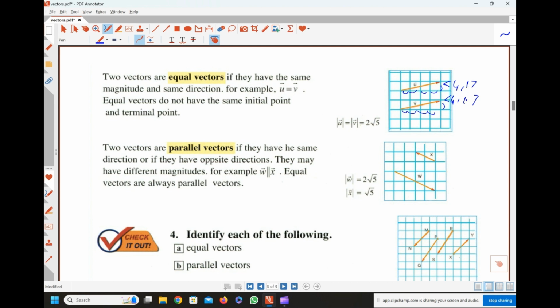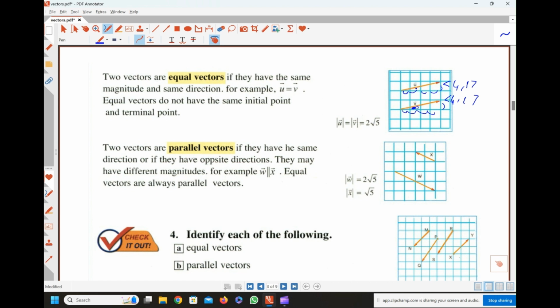It means they have the same magnitude. Try to remember what magnitude is: under the radical, x squared plus y squared. Since they have the same numbers, you'll get the same result, so their lengths, their magnitudes, are the same. And as you can see, the directions are also the same. Direction is about the angle.